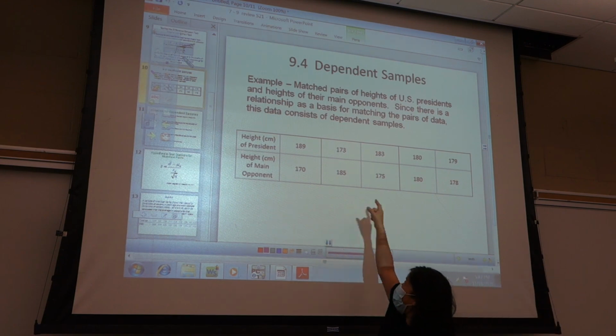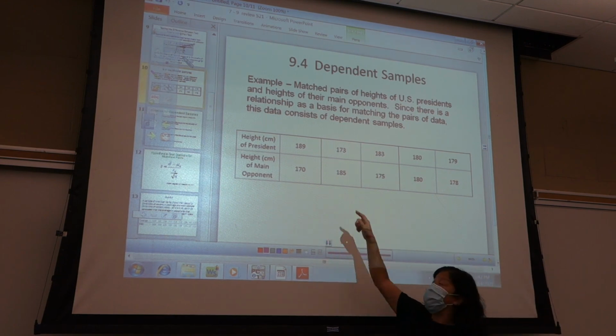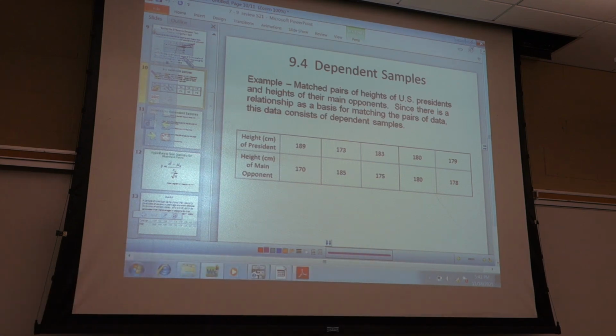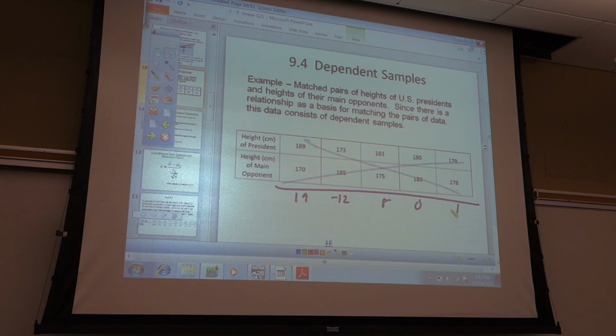You have to have the actual data matched up in pairs so you can subtract them. Then we subtract them, and we discard the originals altogether. So now all we have is our D's, and then we look at mu D.